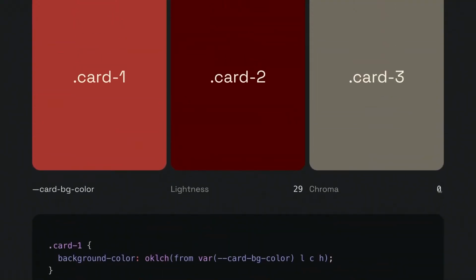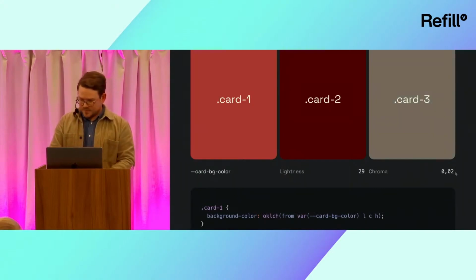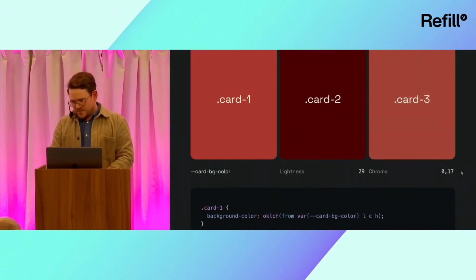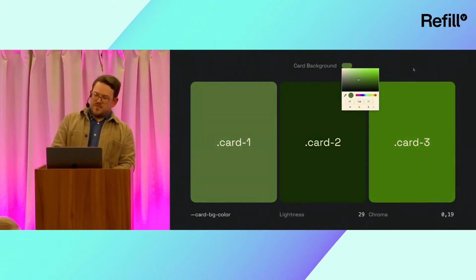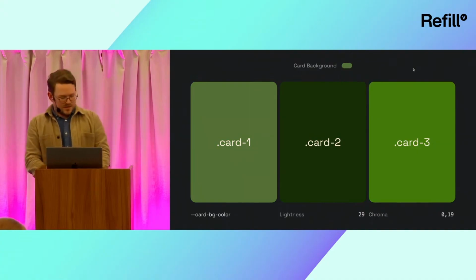It's 0, which means gray. And if we start adding some chroma, you can see that at some point we would be at the same place as this one. And if we were to change the color, you can see that it changes as well. So that's a very, very nice feature to have to make a color system.